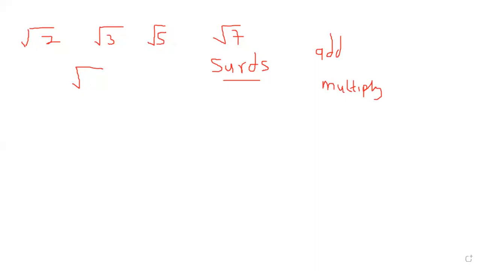So example 1, we are asked to simplify 5 root 3, this is 5 times root 3, plus 4 times the square root of 3.